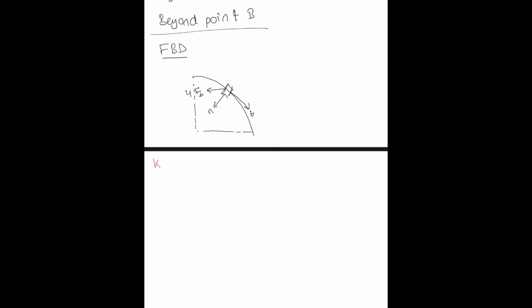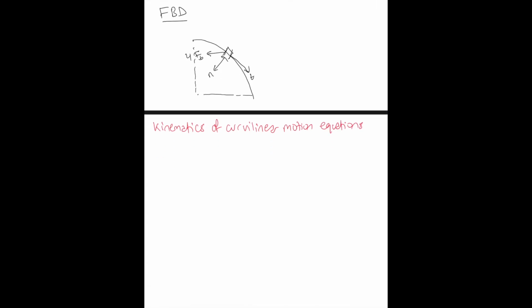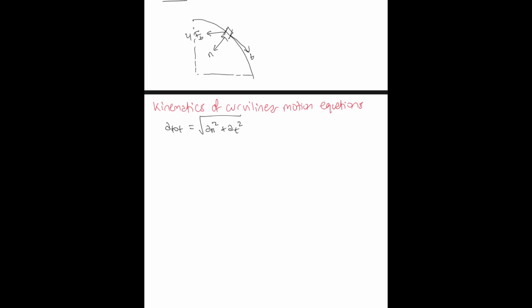So if we look back at our curvilinear equations, we know that the total acceleration of the braking force is going to be equal to the normal acceleration plus the tangential acceleration, all squared under the square root.